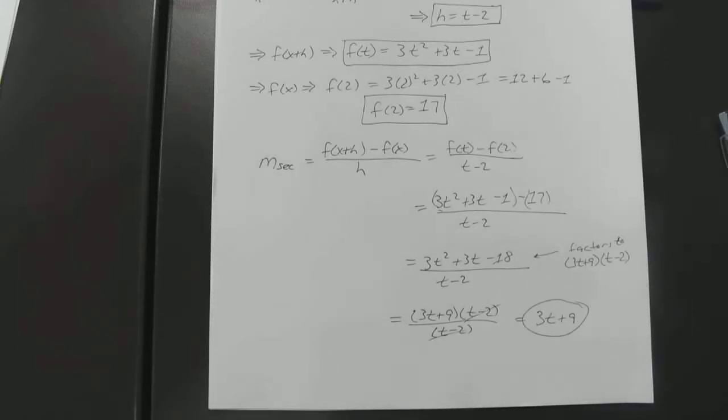Let's say we ran across one that couldn't be factored, would we just leave it at that step right before? If it couldn't be factored, then it would stay at that step.